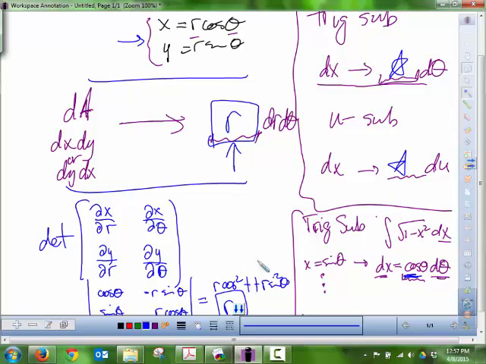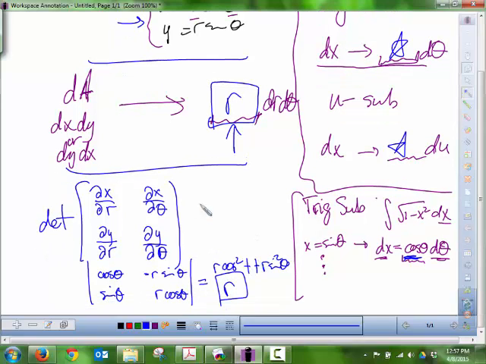So in section 15.10, we'll see this pop up. Okay. So just to give this a name, this is called the Jacobian of the transformation.